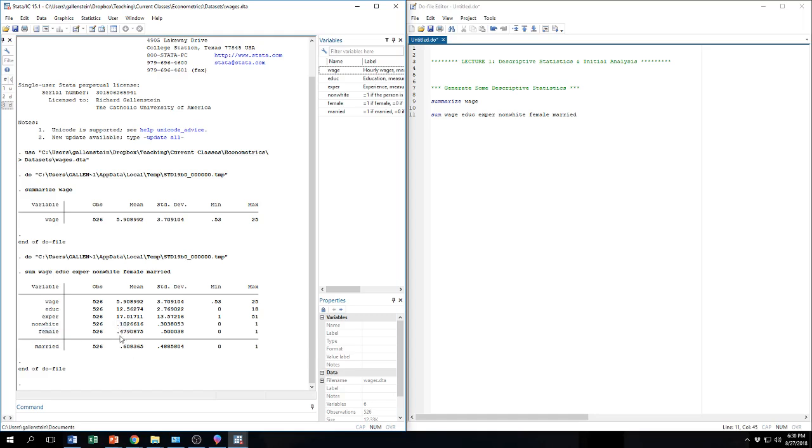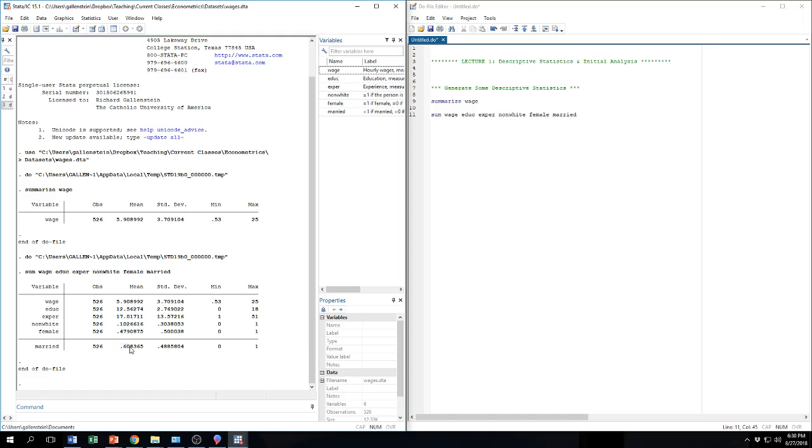The average is 0.48. Well, that means that 48% of our population are female. Okay, we can do the same thing with married. We have an average of 0.6. That means that 60% of our population is married.